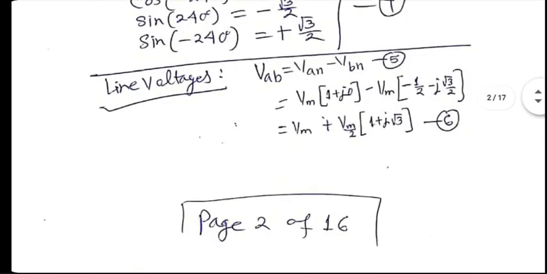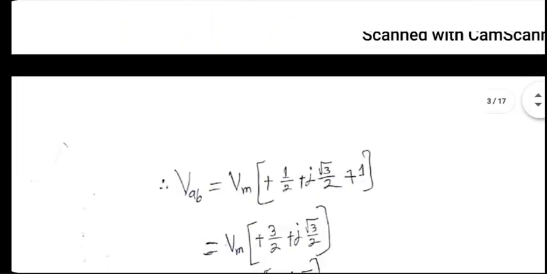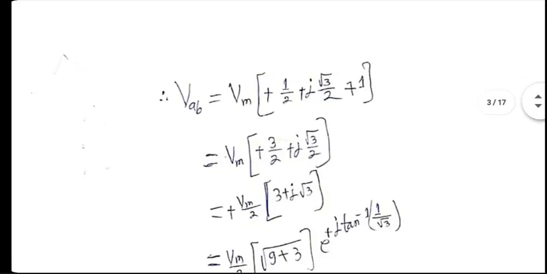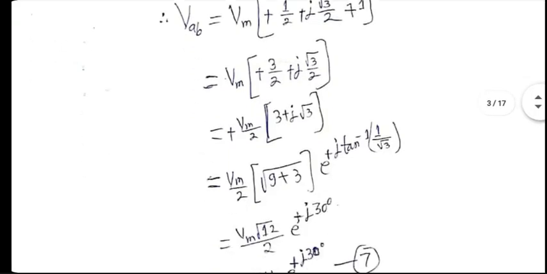Yeah, that's what I've done here. So then I simplify the result, take VM out, I get equation 6, which further simplifies. I have done it in the previous lecture, so I'll just get to the end result.